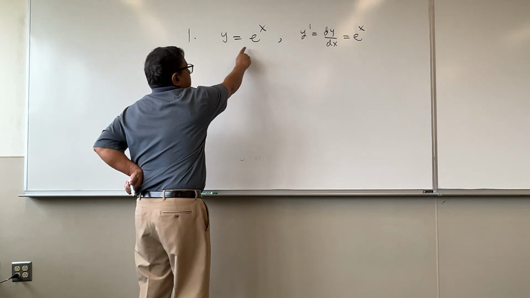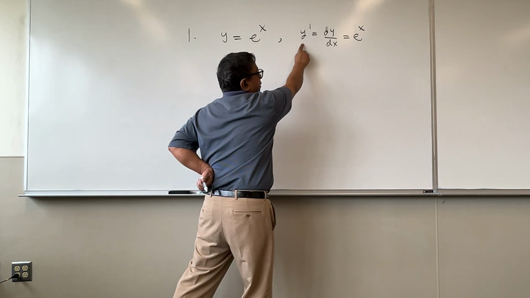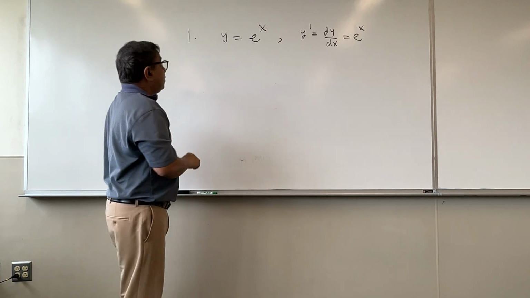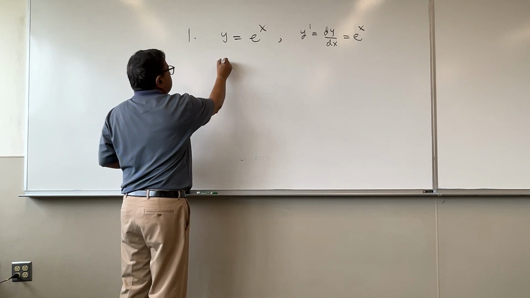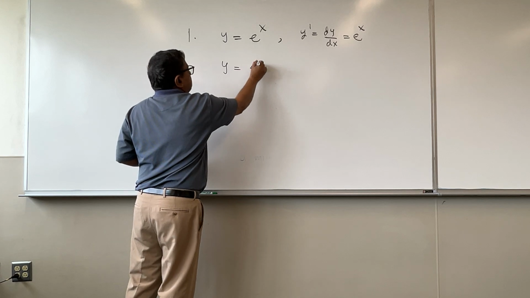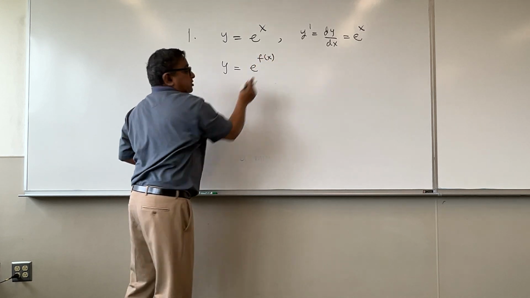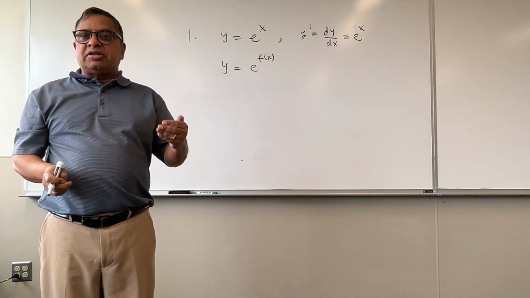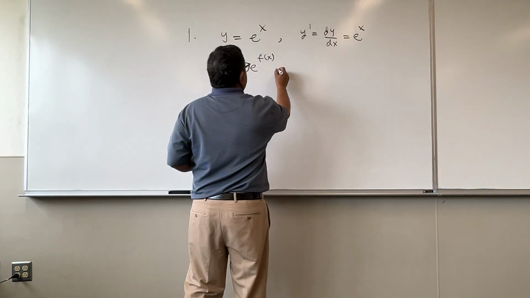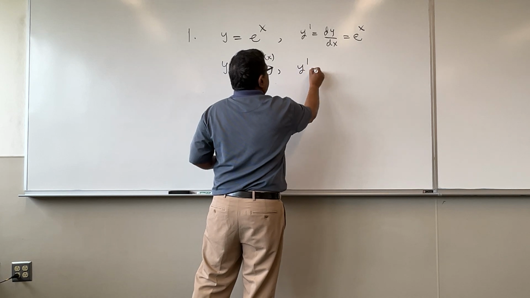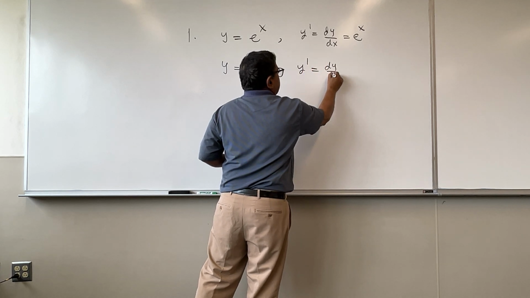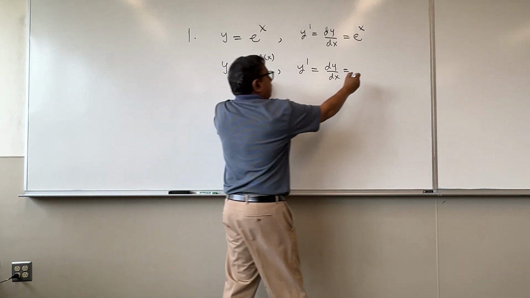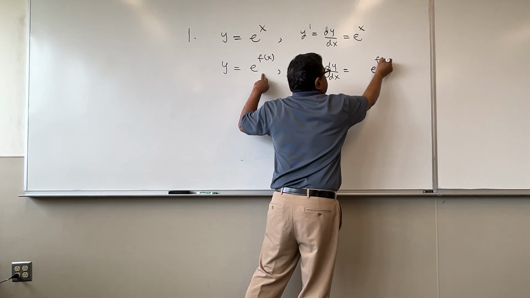So if y is e to the x, y prime, which is also dy by dx, is e to the x. The second formula is if y is e to the f of x, it's not simply x, but it involves a function of x, then y prime, also dy by dx, is e to the power of f of x.